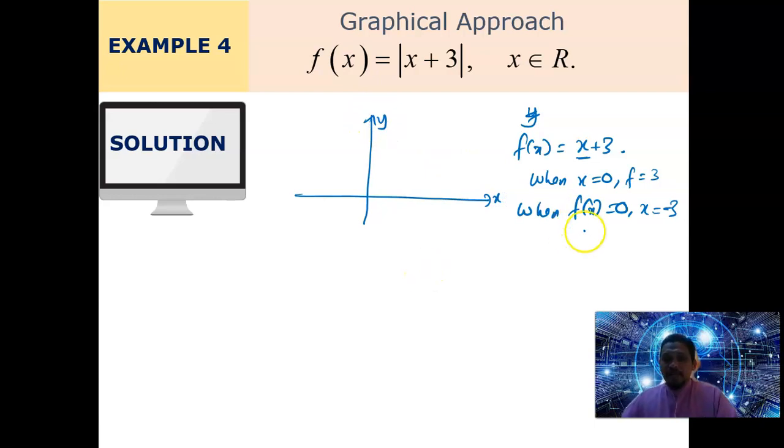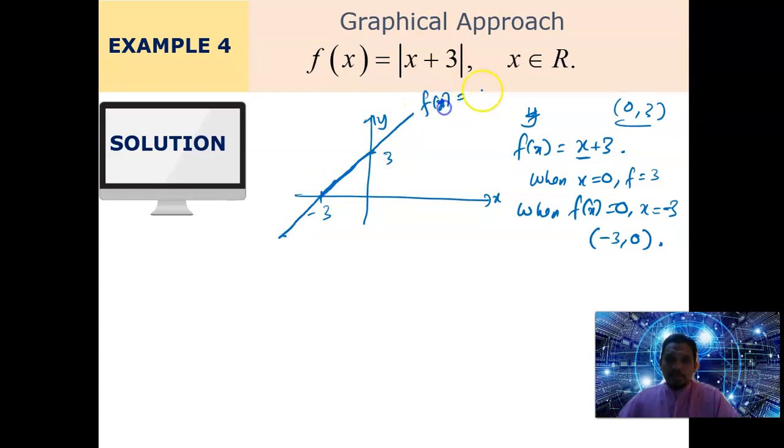So let's plot the coordinates (0, 3) and (negative 3, 0). First one here, (0, 3), and (negative 3, 0). So make a line. This is fx equals x plus 3.